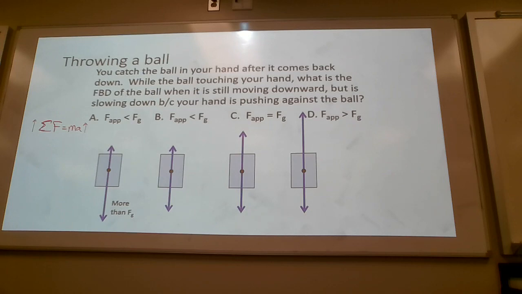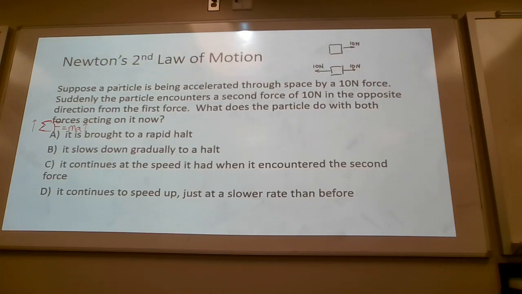Like, oh, it's moving down, the net force must be that way. No, the net force has to be in the same direction as acceleration, not the velocity. Okay? It's a great day if you learn something.